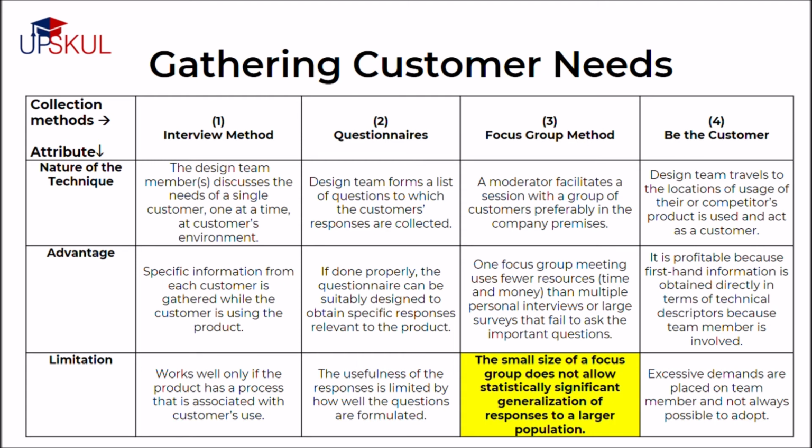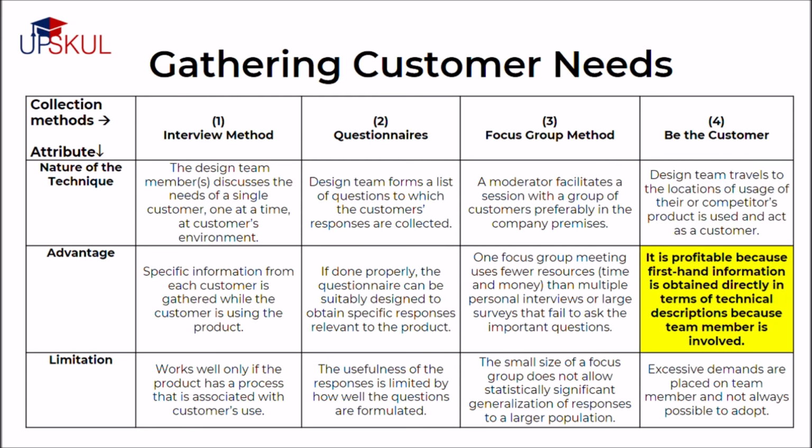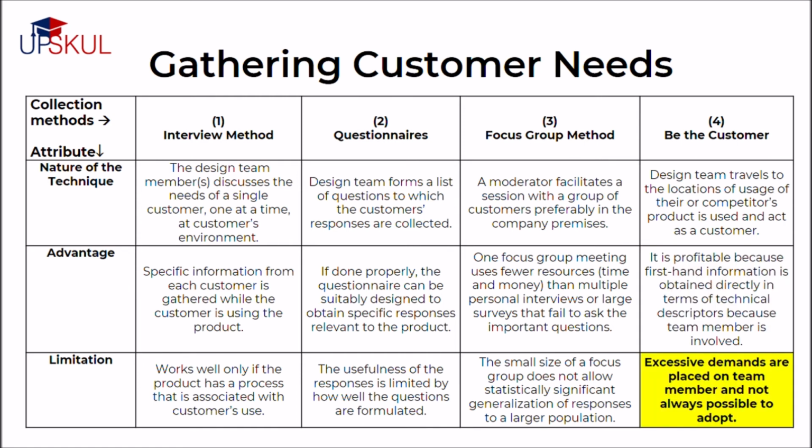The final method is you think like the customer. Here, the design team travels to different locations where their competitors' products are being used, and then they act like the customer. It is profitable because first-hand information is obtained directly in terms of technical descriptors, because the team member is involved.